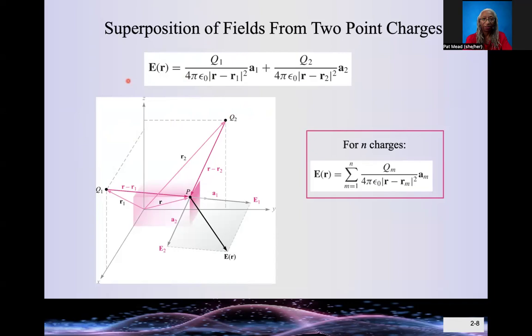So let's just say you have two charges located in positions in space. Q1 is at some position from the origin to some point P1, and then Q2 also at some position in space from the origin to some position here.